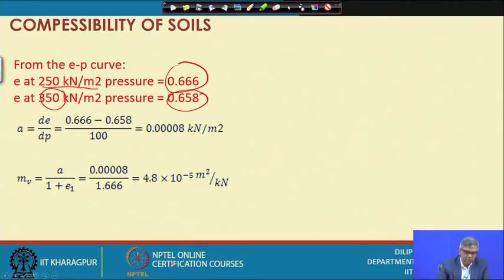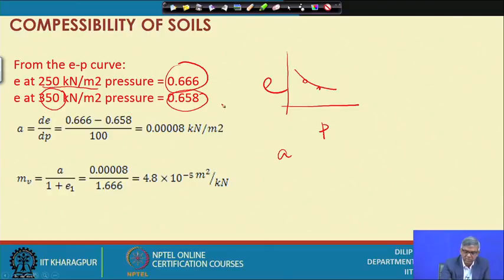So, once you get these two void ratios, when you get an e versus p curve, you are getting a, that is, the slope of the e-p curve is a. That means you have selected 2 points on the curve. So, we have a equal to de by dp.